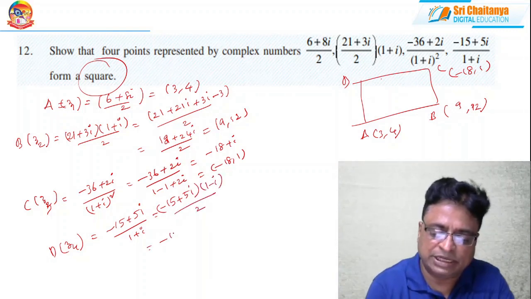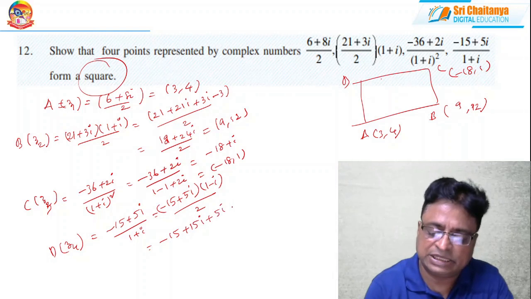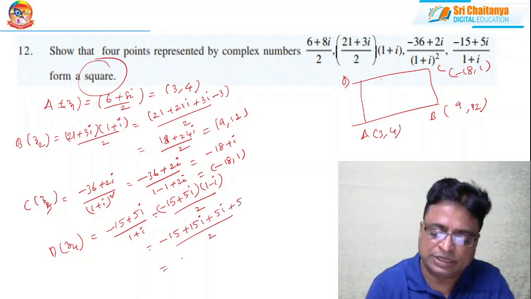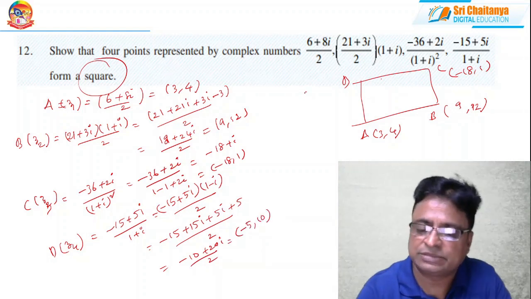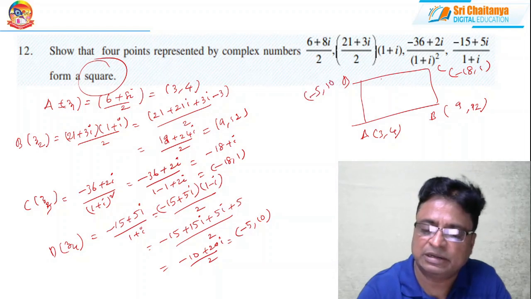Numerator: -15 plus 15i plus 5i minus 5i square, that is plus 5, giving -10 plus 20i by 2, that is (-5, 10). So this is (-5, 10).